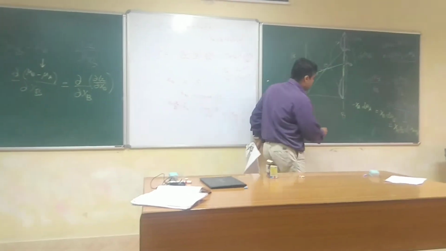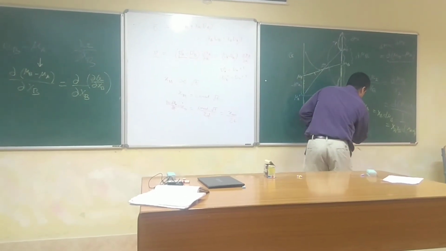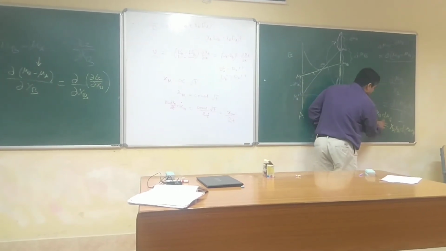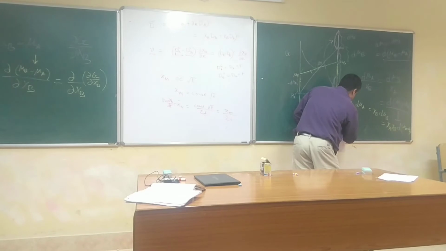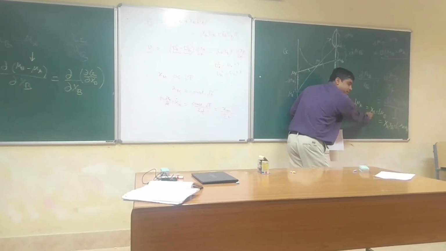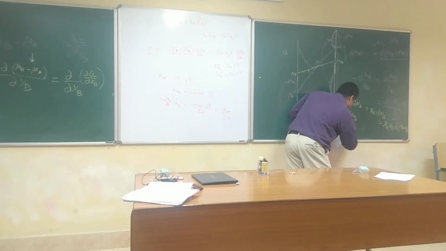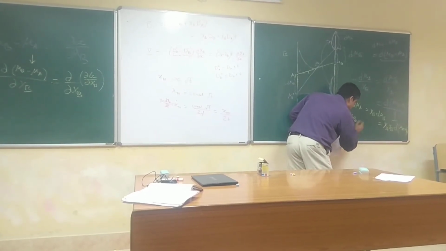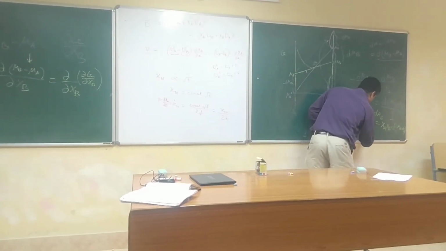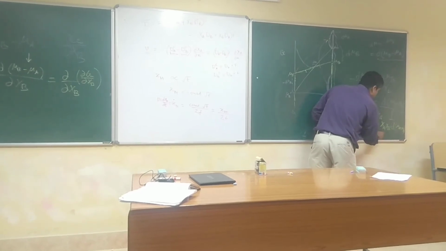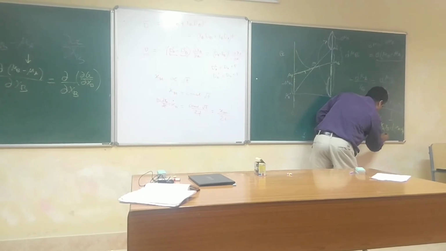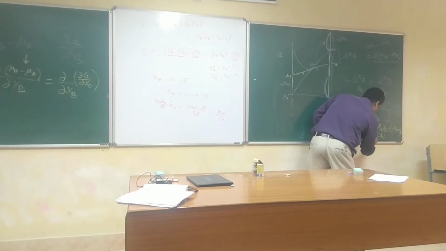I'm writing this side only. So from this equality, if you take derivative with respect to xb, this side will be del ln xb equal to xa xb d of mu b minus mu a over dxb.